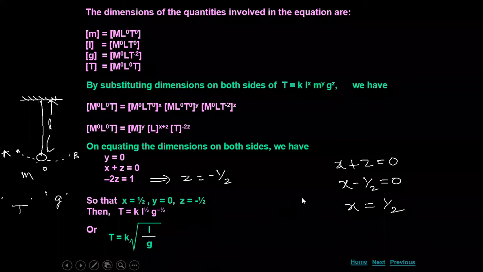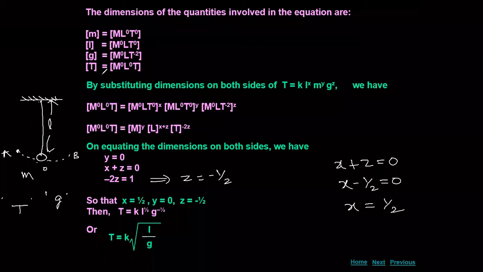So just a minute, I'll write that here. So what we got: T is equal to K into L power 1 by 2. G power minus 1 by 2 means G power 1 by 2 in the denominator.